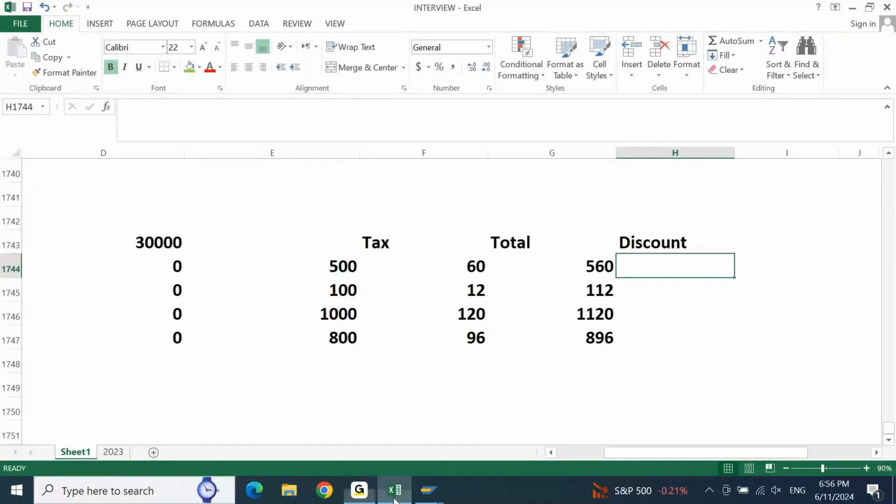Now, if I'm talking about this same example, if this item is taxable for the customer, the government has got nothing to do with it. Nobody is telling you to give it for free of cost, right? It is you who is giving it for free.